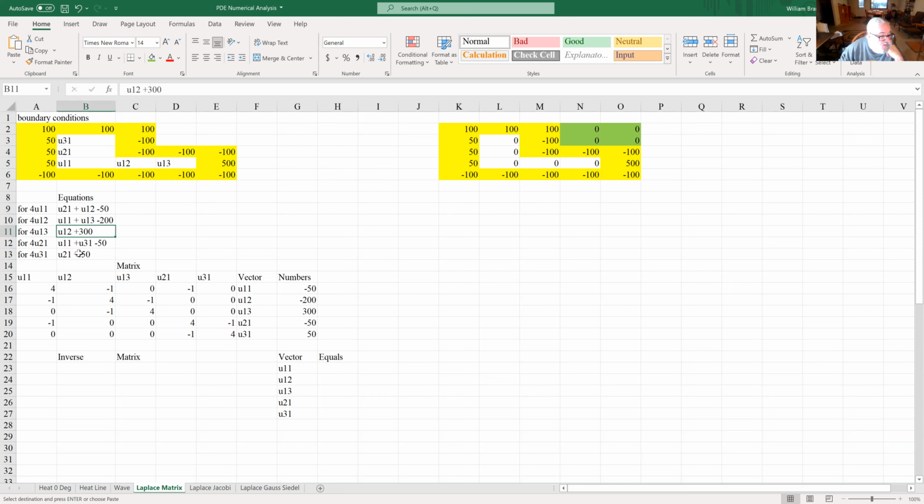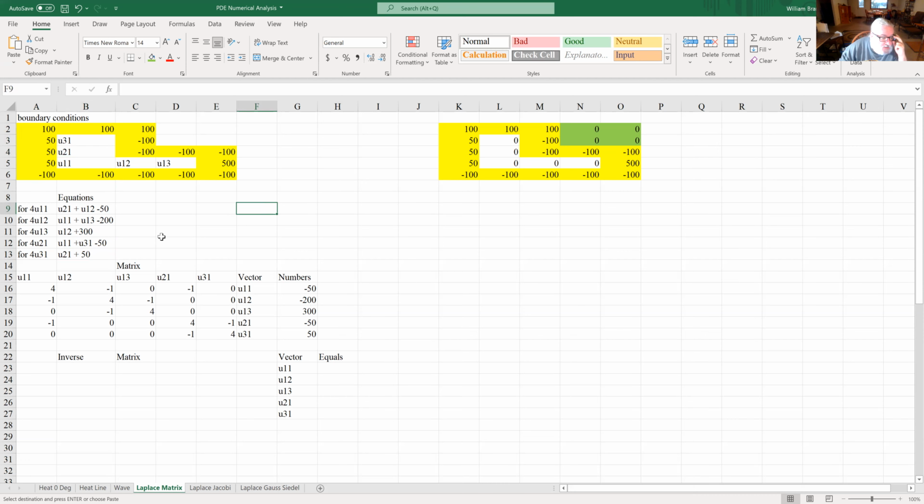So that's plus 300. U21, that's this point here. The average of that is this plus this, which is minus 50 plus U31 plus U11. And then 4U31 is equal to 100 minus 100 plus 50. So that's the plus 50, and then plus U21.